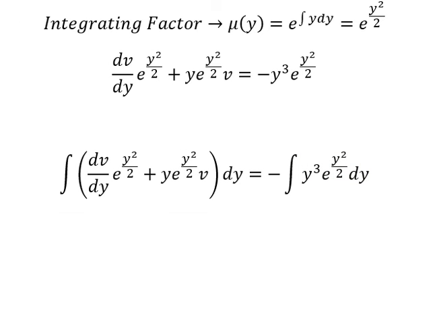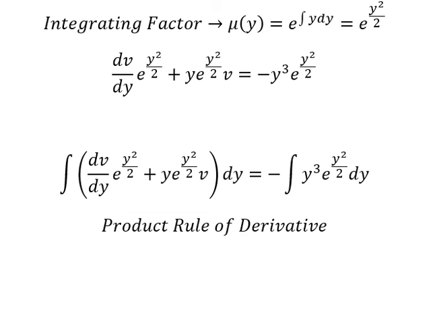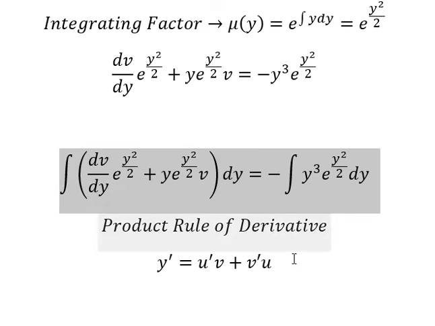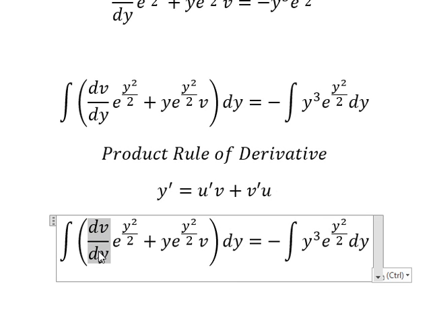Now we need to use the product rule of derivative. So we have the first derivative of y equals the first derivative of u multiplied by v plus the first derivative of v multiplied by u. So if we look carefully, this is the first derivative of u multiplied by v.